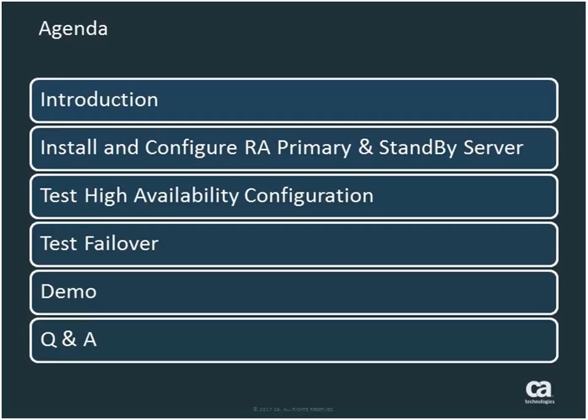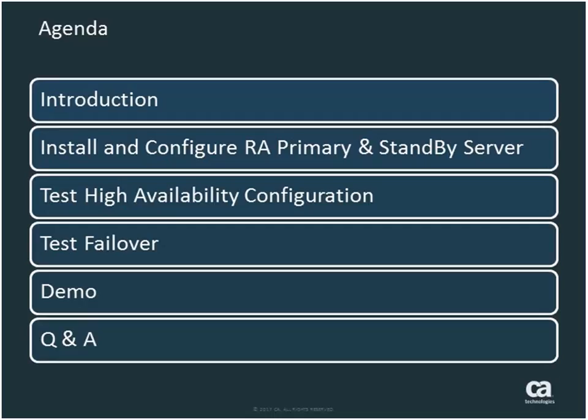In this demo, I'll show you how to configure the RA primary and standby server, and I'll tell you how to test your high availability configuration, because once the configuration is done, you have to test that your standby server is actually working correctly or not. So I'll do a sample deployment for my standby server, and the same thing with my primary server.